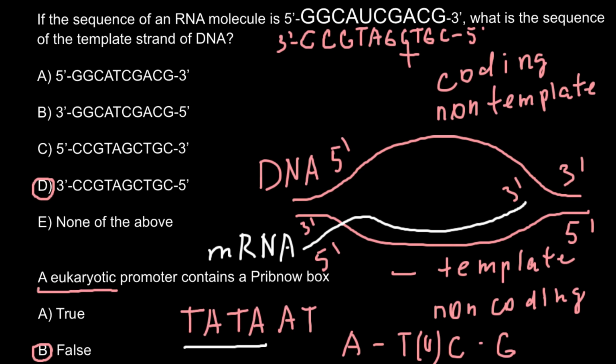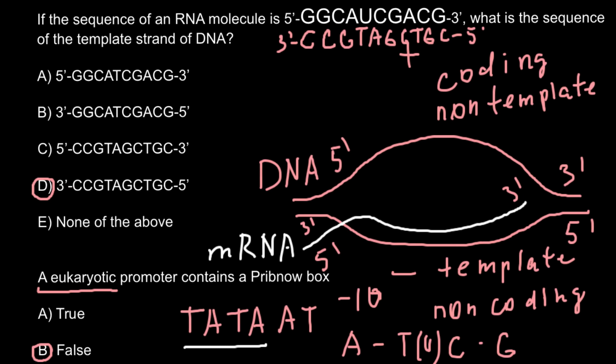This is a consensus sequence, meaning that sometimes there can be a different base here, but the most frequent sequence would be as follows. And if our question is about the Pribnow box, this is the sequence of the Pribnow box, and this is also called the -10 region, and we can find this region 10 nucleotide bases upstream from the start codon, that is AUG.